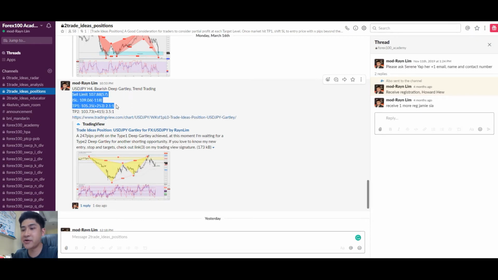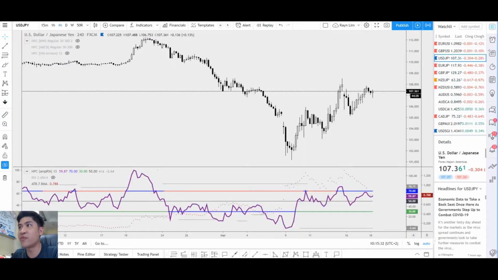Let me just share it in TradingView. It's a 2.1:1 reward to risk. 253 pips of profits taken within 2 days, yeah, within 2 to 3 days. So that's the kind of movement we have nowadays. So that was the past trade. Alright, so on dollar yen.